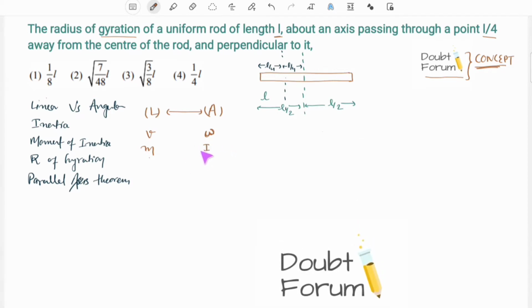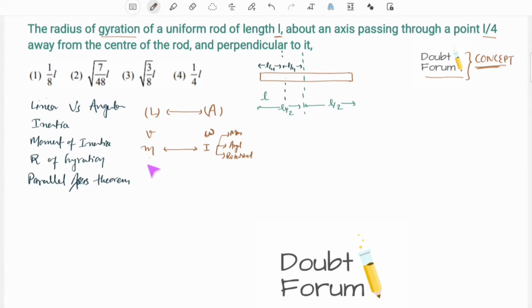It is also known as mass moment of inertia, angular momentum, or rotational inertia. There are several terms. This is equivalent to mass in rotation. We would also learn what moment of inertia is and how it is to be calculated.